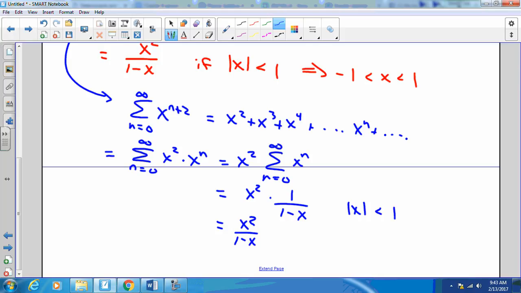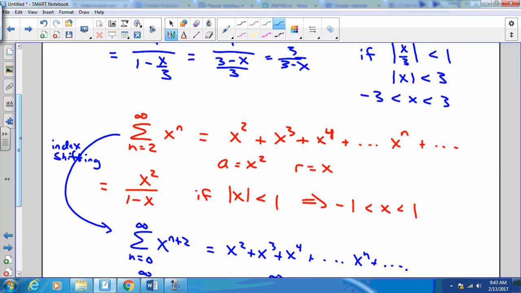I've noticed power series are geometric series. And a geometric series is in the form the sum n equals 1 to infinity of AR to the n minus 1.